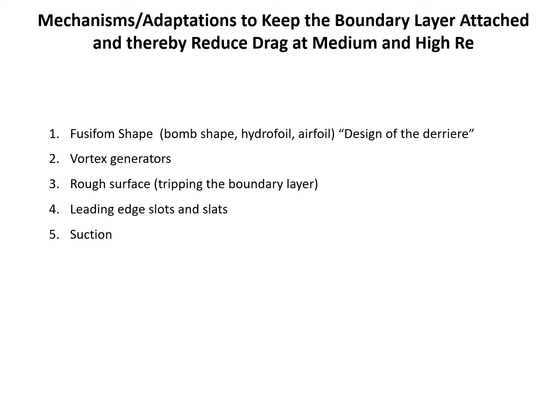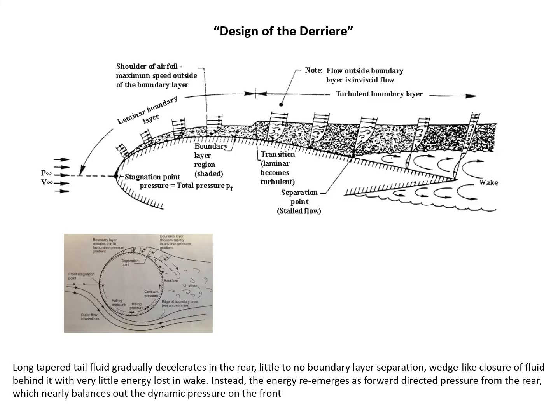So let's start with this fusiform shape. A long tapered tail allows the fluid to gradually decelerate in the rear, so that there's little to no boundary separation occurring. And there's a wedge-like closure of fluid behind the object with very little energy lost in the wake.